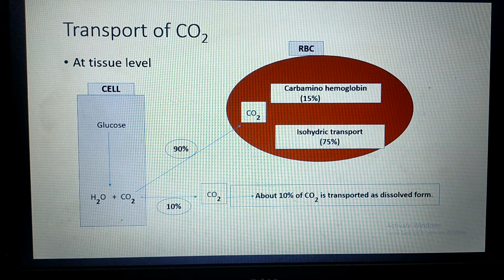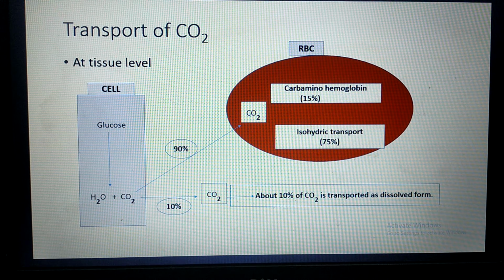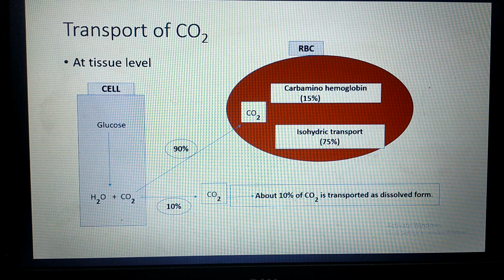This 10% is transported as a dissolved form, and the 90% which has entered the RBC is transported in two forms: 75% by isohydric transport and 15% in the form of carbaminohemoglobin.